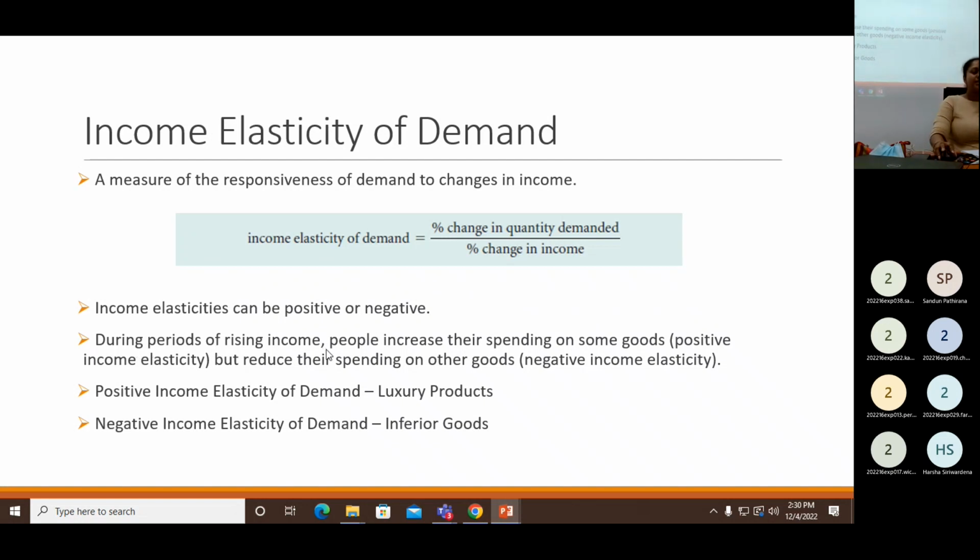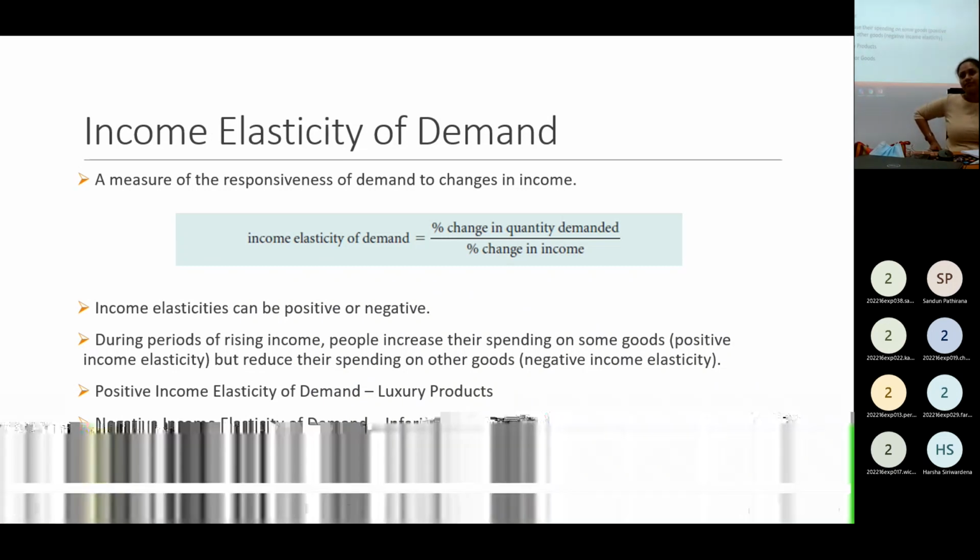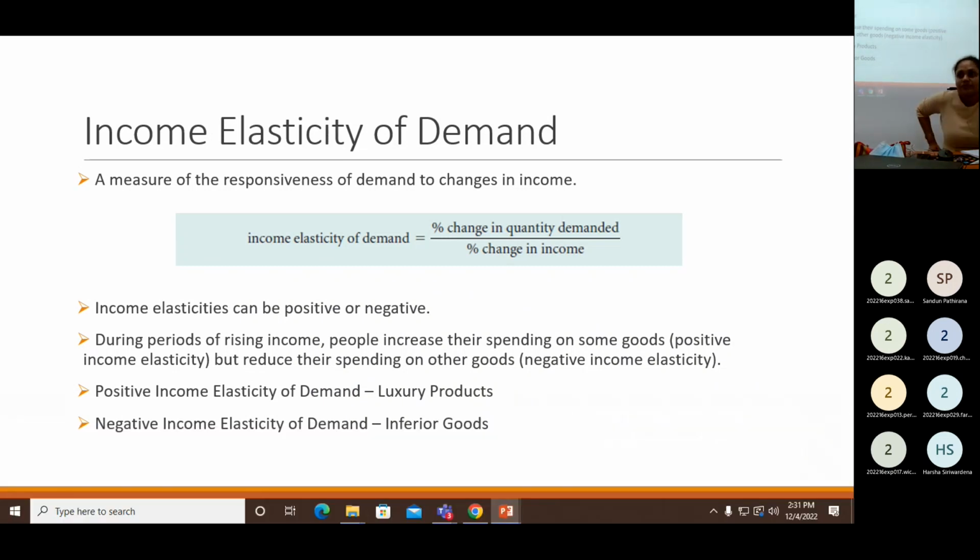During periods of rising income, people increase their spending on some goods, but reduce their spending on other goods. So for what sort of products will there be a positive income elasticity of demand? What do you think about essential products, like what we consume on a daily basis, food items, grocery, things like that?